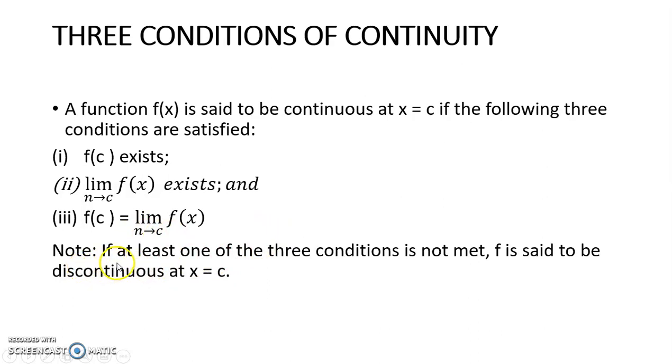Note, if at least one of 3 conditions is not met, f is said to be discontinuous at x equals c. Okay, so ito yung kailangan natin tandaan na 3 conditions. Dapat yung limit ng function mag-exist, yung value ng function at c mag-exist, dapat equal sila.